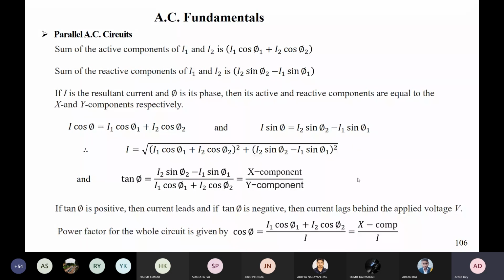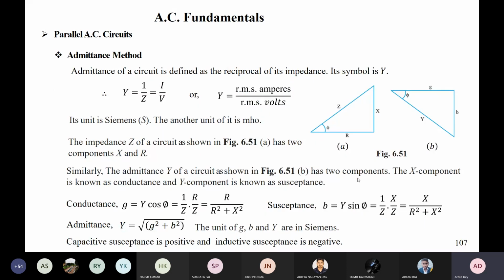And one more thing, we can also write admittance, which is 1 by impedance, and you can write it in terms of ampere by volts like this. And then the conductance for any circuit will be Y cos phi, which is 1 by Z into R by Z. Cos phi is R by Z, so R by R square plus X square.